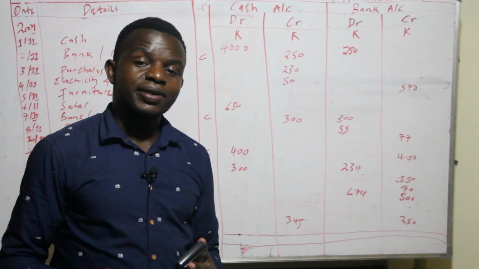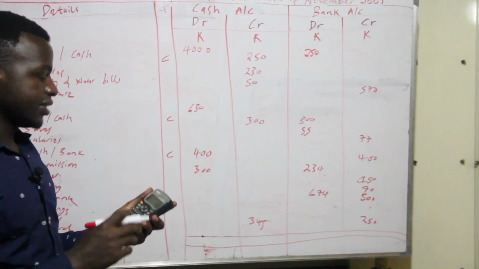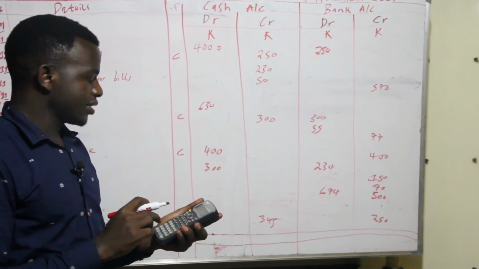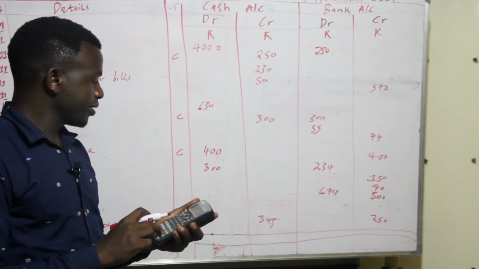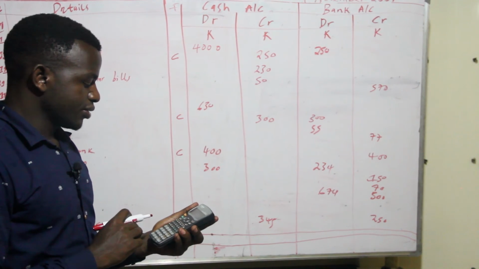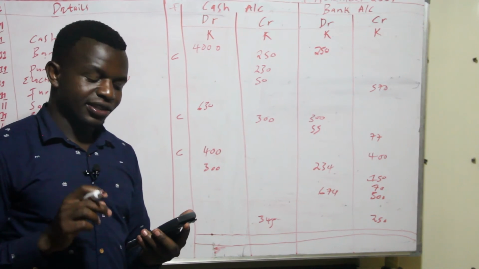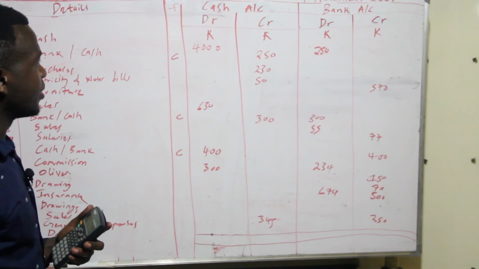So we're going to add the debit side and the credit side. So we'll start with the debit side. So in our debit side, we have 4,000 plus 630 plus 400 plus 300. So the answer that I'm having is 5,330.